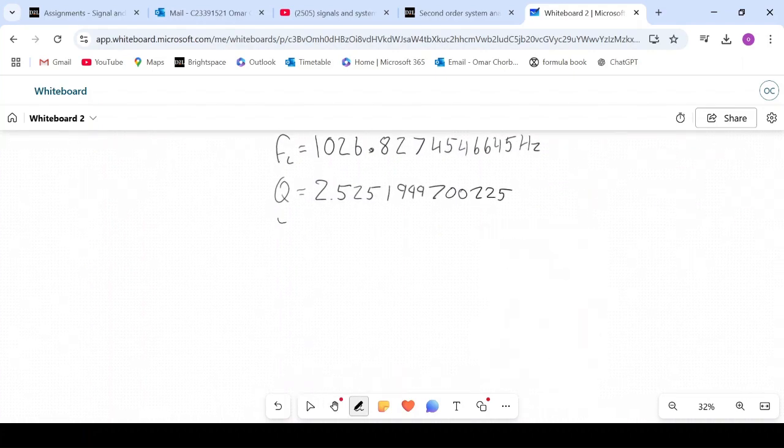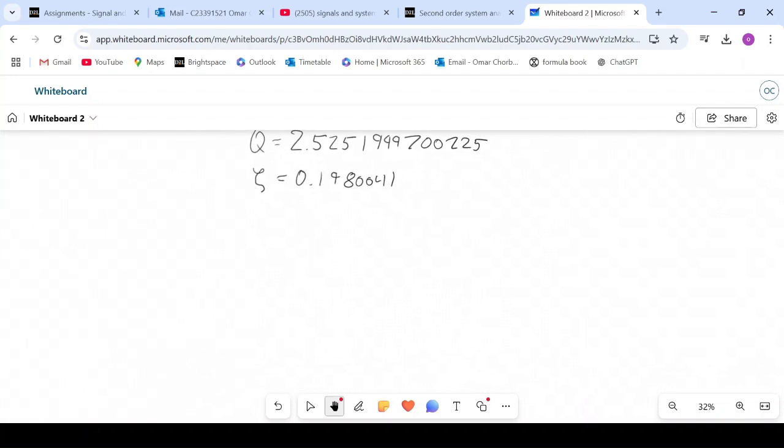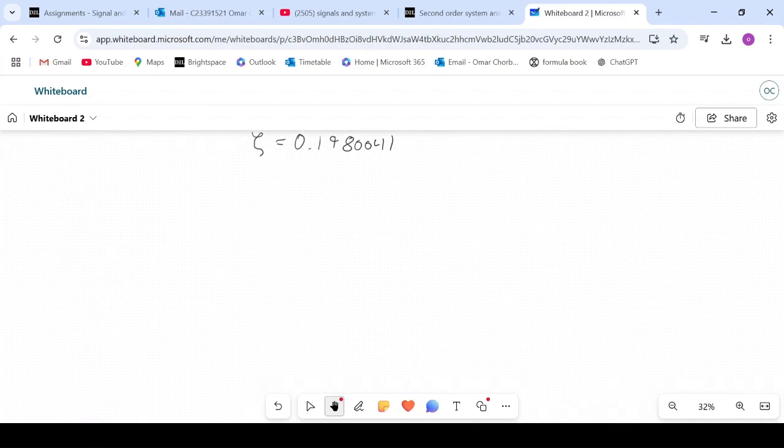Next we have our damping ratio, and this is 0.198041.